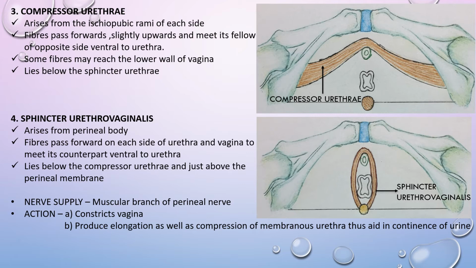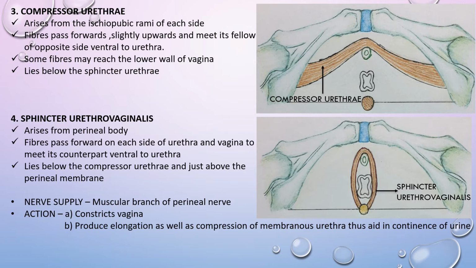In this diagram, you can appreciate the compressor urethrae arising from the ischiopubic rami. Fibers run forwards and upwards, ventral to the urethra. Some fibers may reach the lower wall of the vagina. This muscle lies below the sphincter urethrae.